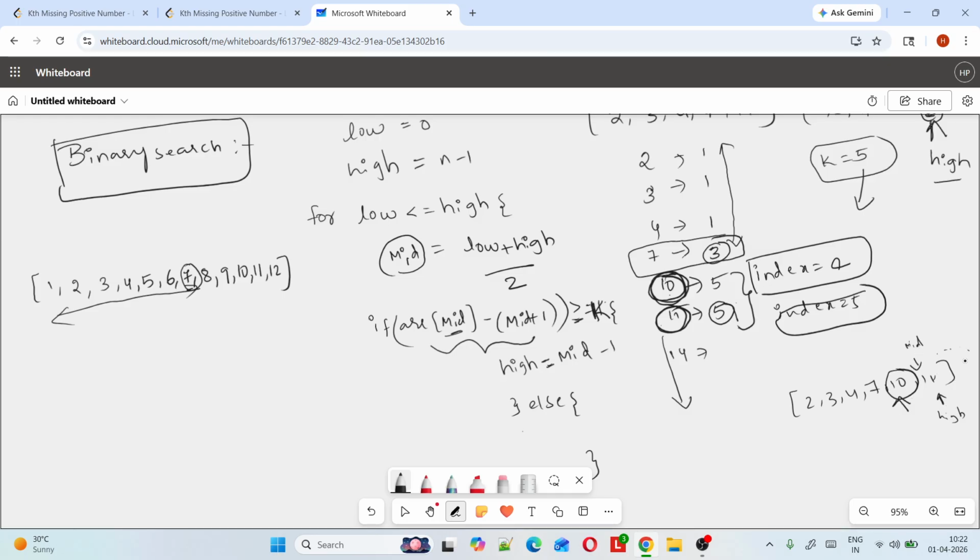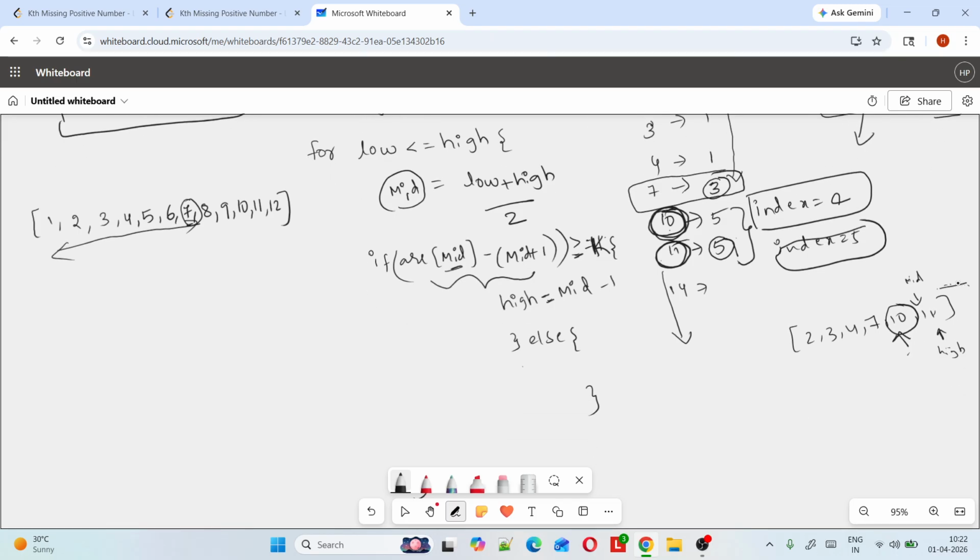If you are moving our high pointer to here, in that way you will eliminate the right side, because you will be checking between low and high. So high equal to mid minus 1. In that way you will eliminate the right side elements after this mid, so you will check only left side elements to the mid. Now if that condition is not satisfied, that means you have to move your low to mid plus 1.